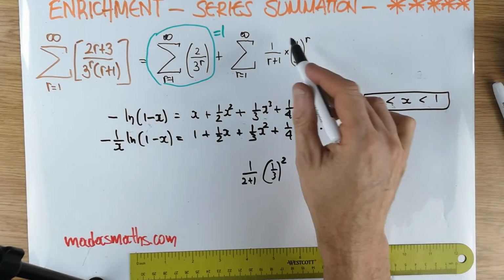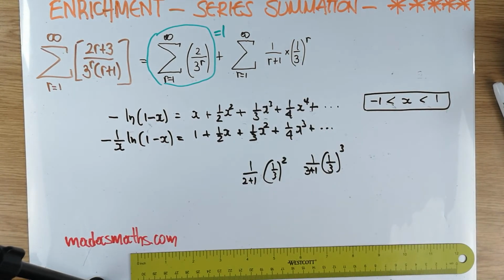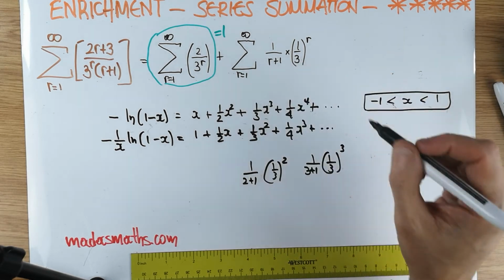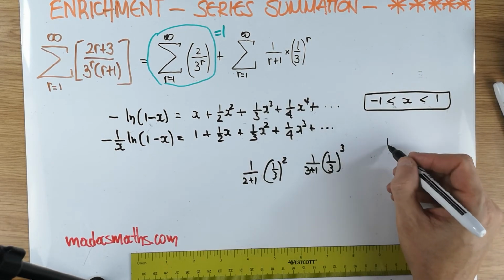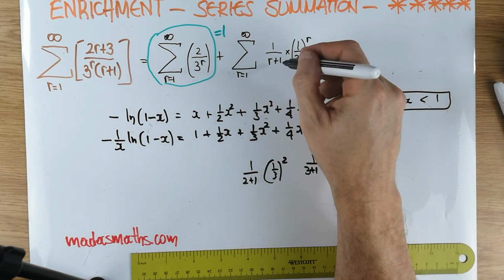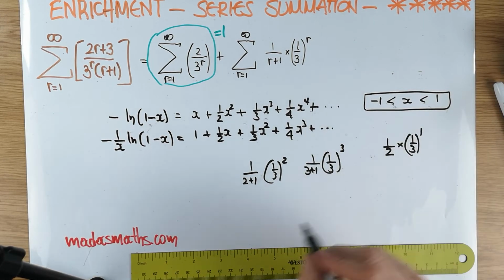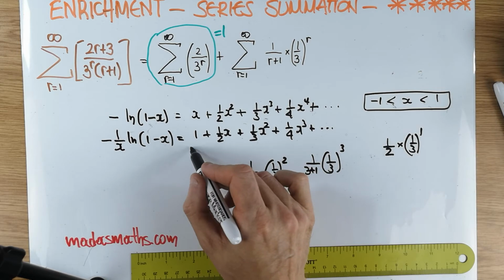So this will in fact be matching this summation, but not all of it. What is the first term from this particular one? When I put r is equal to 1, it's going to be a half times a third to the 1. So this bit I don't want.